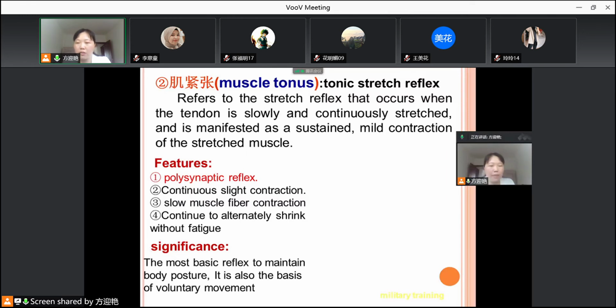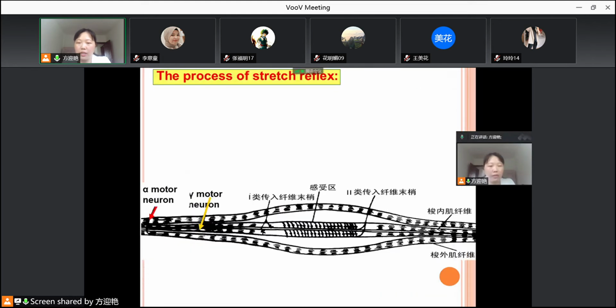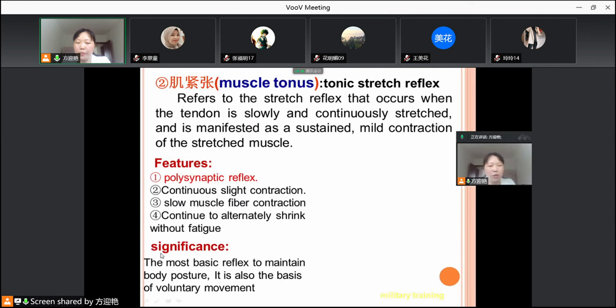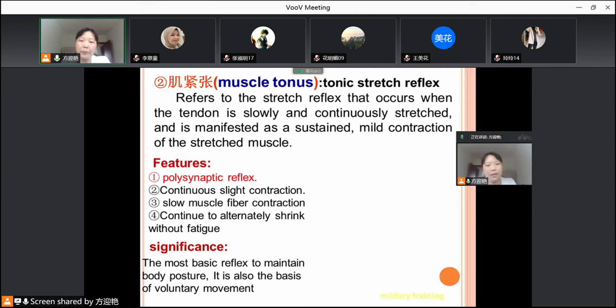So it should be controlled not only by the spinal cord but also by the brain or higher-level controls. Here you should know the muscle tonus.